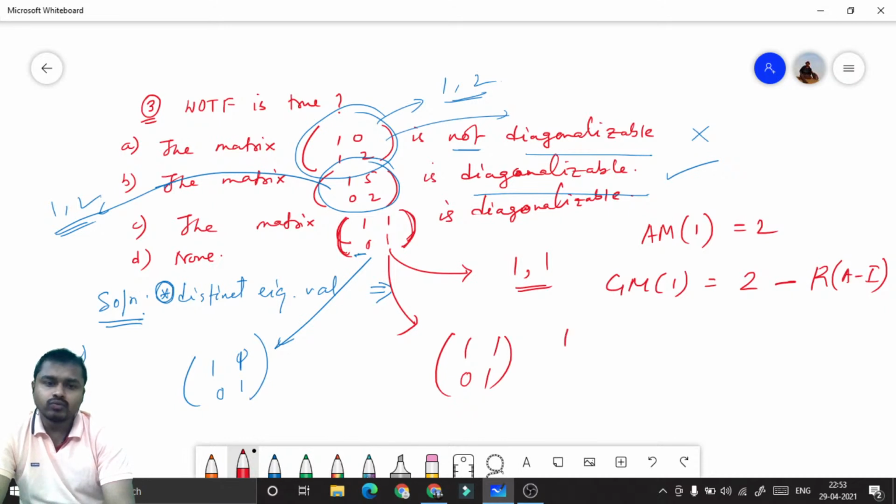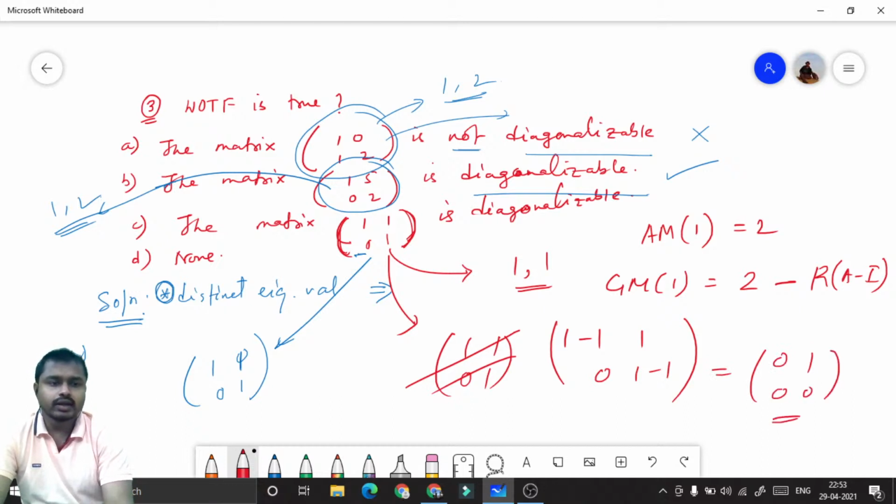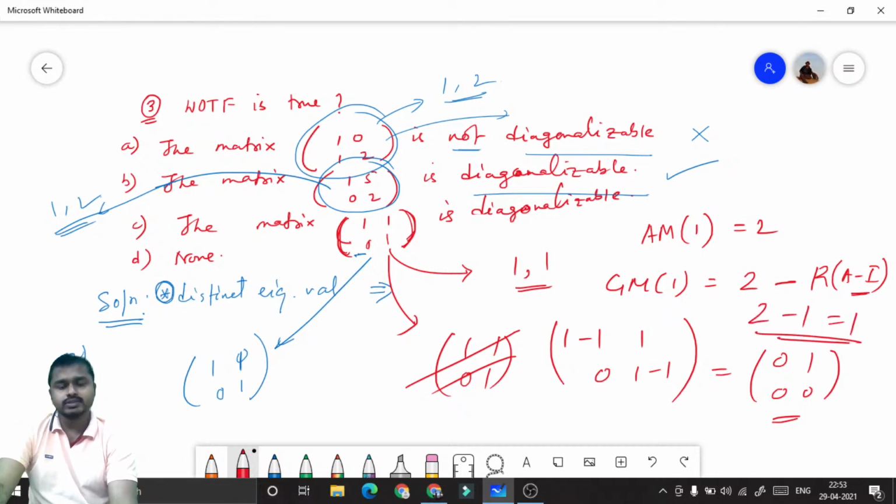So 1 minus 1, 1, 0, 1 minus 1. For the null space, you will have 0 1 0 0. So the rank of A minus I is 1, and you have 2 minus 1, which is 1. This is the geometric multiplicity of this particular matrix.